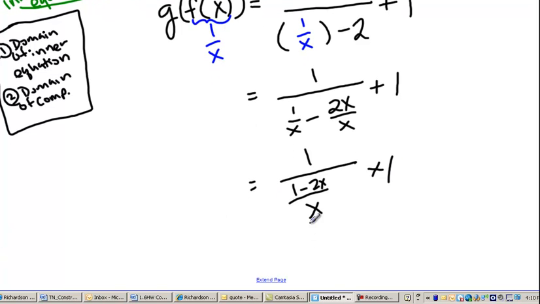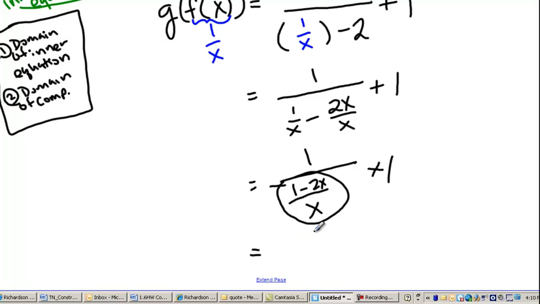Okay? So I combine it underneath one fraction. Now I know y'all remember this. I talked about this like the first week of school. Dividing by fractions is easy as pie. Take the bottom fraction, flip it, and multiply.